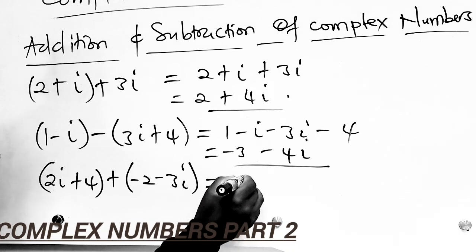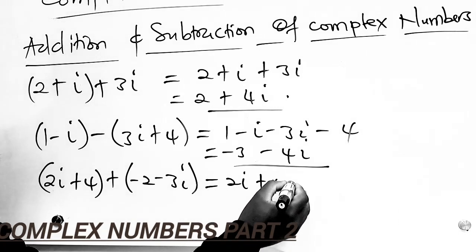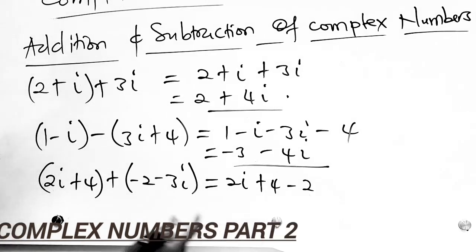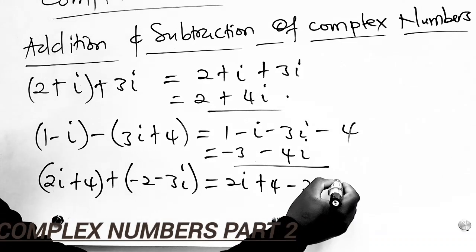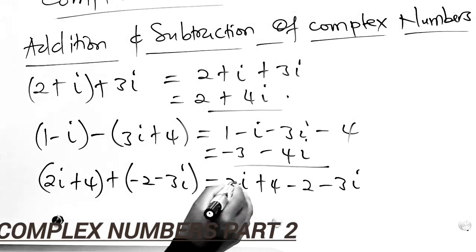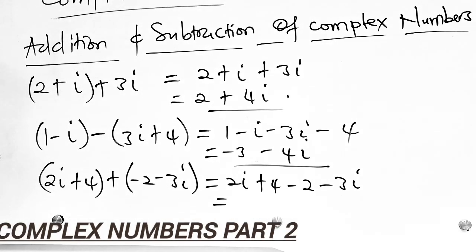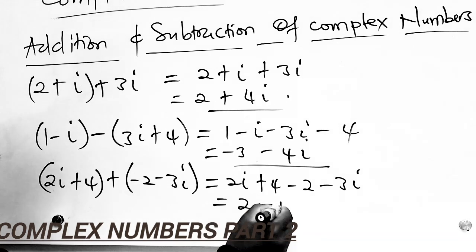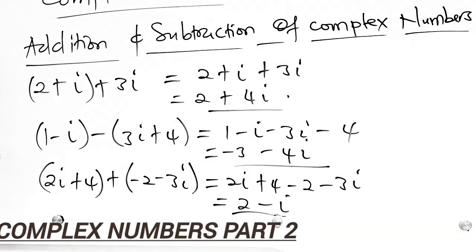So we have 2i + 4 - 2 - 3i. Then from there we add the like terms and unlike terms. In this case, 4 minus 2 gives us 2, then 2i minus 3i gives us minus i. So this is what we get when we add or subtract complex numbers.